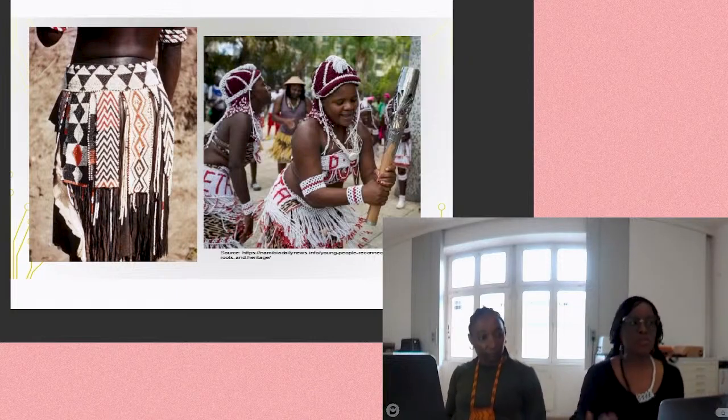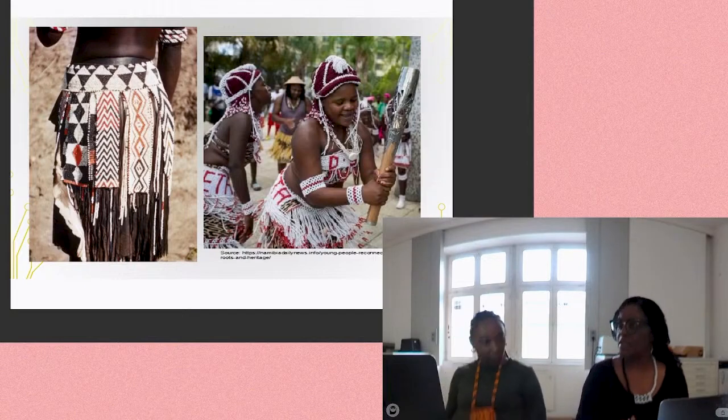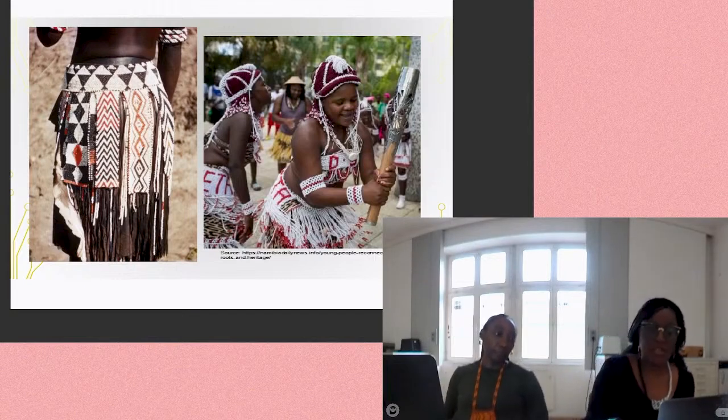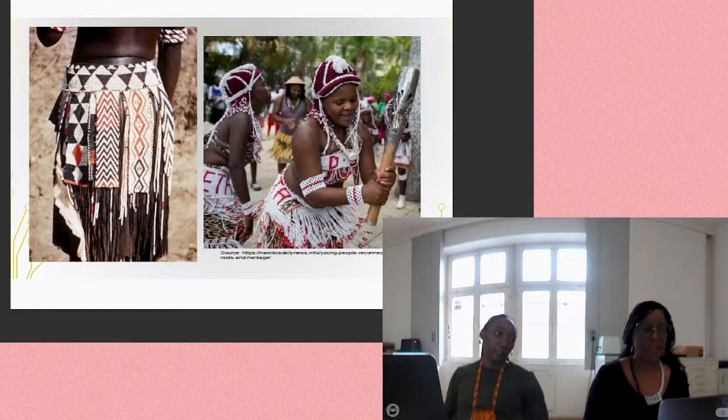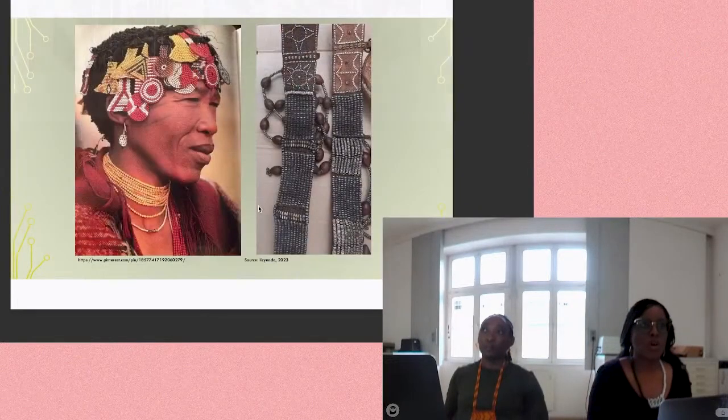It's not something you are going to see them wearing every day, unfortunately. So that is some of the cultural information that we've lost because we haven't put enough emphasis on the beads. The next one, example of the San people.